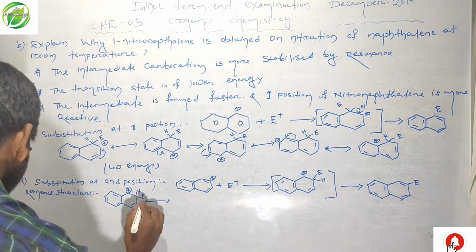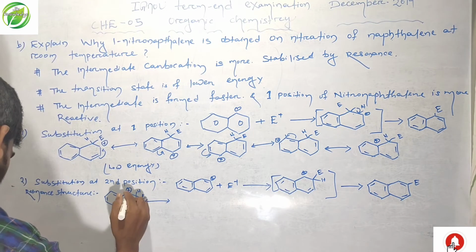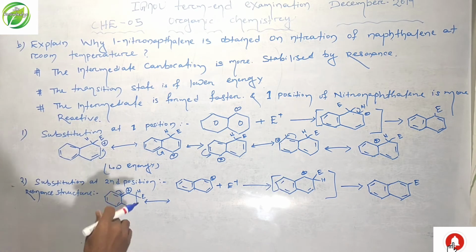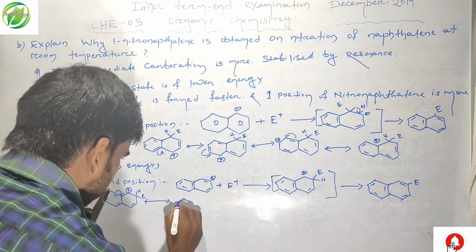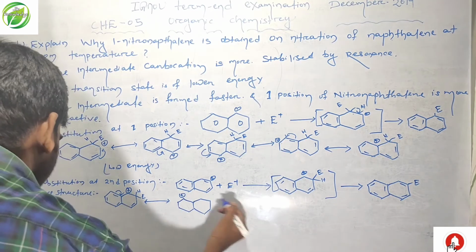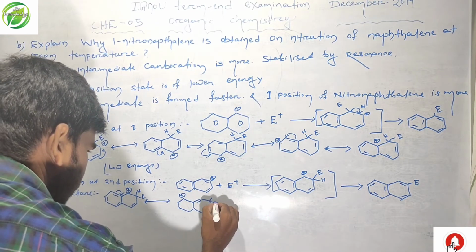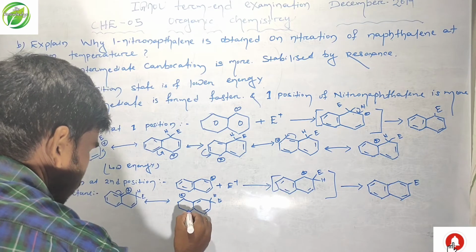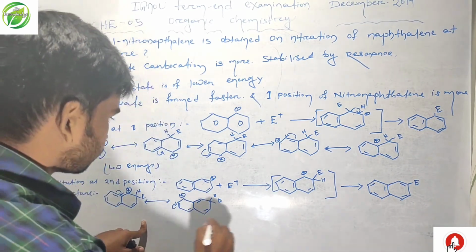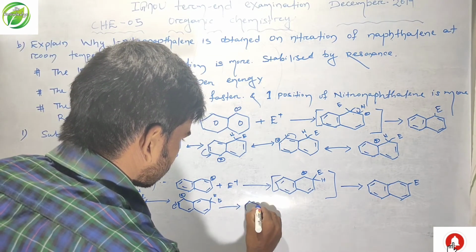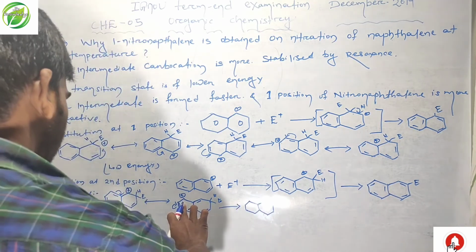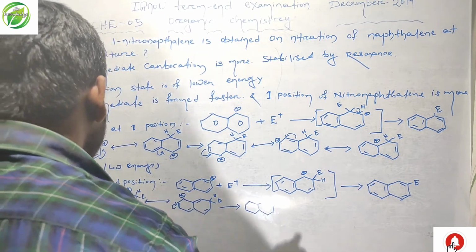When this positive charge is converted to this position, there is positive charge in this position. This pi bond is replaced in this place as a double bond.